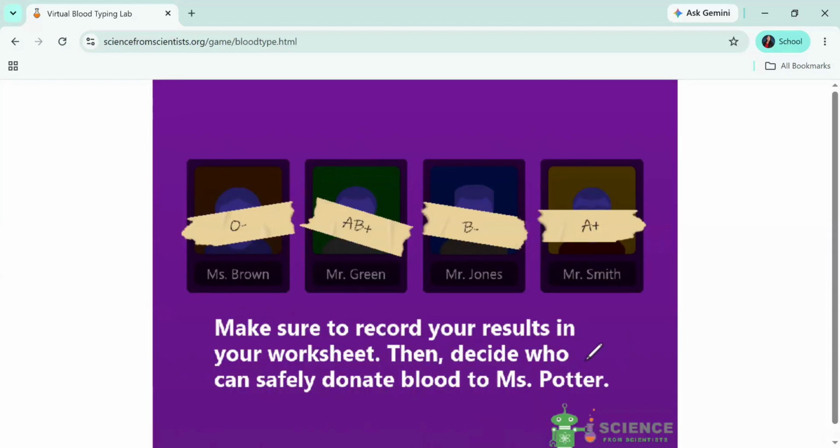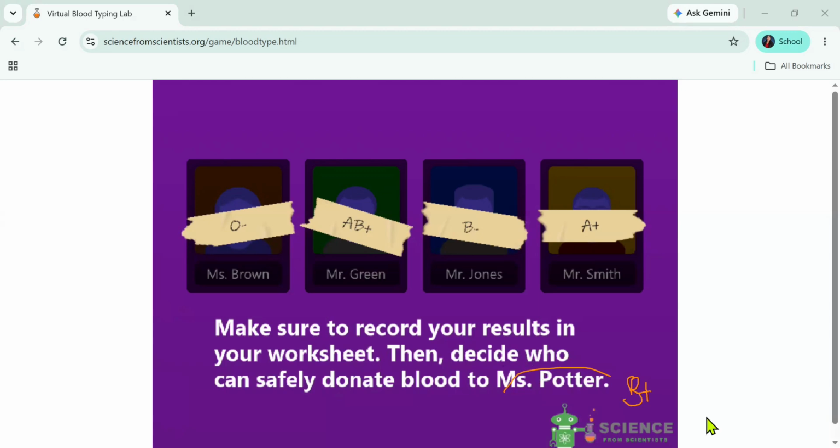Yes. So if Miss Potter here is B positive, who do you think among the 4 samples can donate? It is Miss Brown, all negative, because Miss Brown doesn't have A or B antigens, so it's okay. There will be no foreign antigens if Miss Potter accepts that.